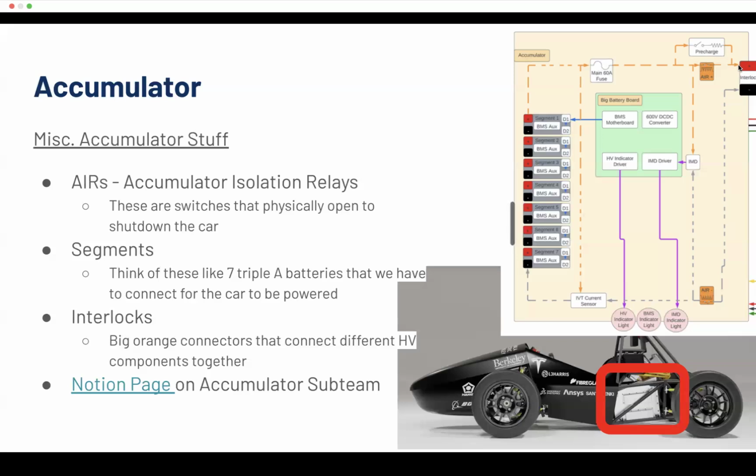We know the resistance, we know the capacitor in the inverter, RC time constants. We know how long this system will take to charge up. And we also have sensors on the other side to know once it's charged up. The inverter actually tells us what voltage it's at. Once that happens, then AIR plus closes and the pre-charge switch can open, and then your car is charged. I'm being careful with the ready to drive terminology because that's a different state that we can go over later.